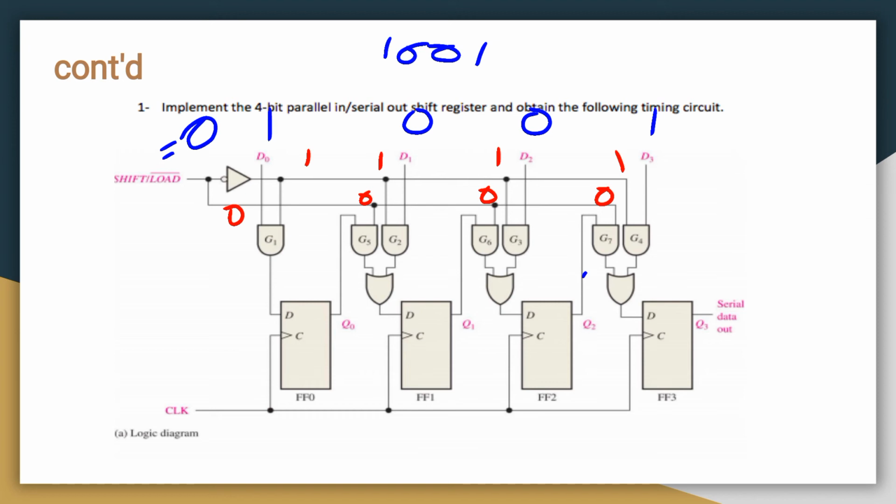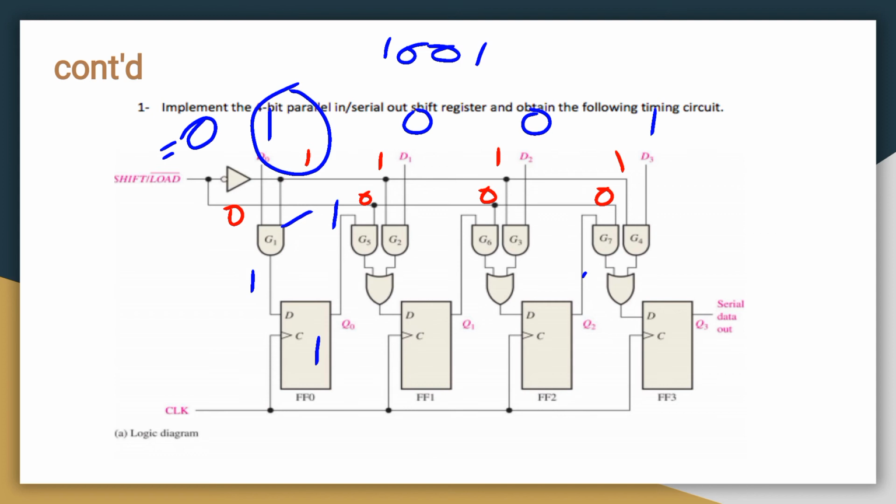For the gate 1, see the input line D0 and 1, right? Only see the input line D0 and 1. So for 1, 1, the output of G1 is 1. So the flip-flop is set to 1, the output is 1.